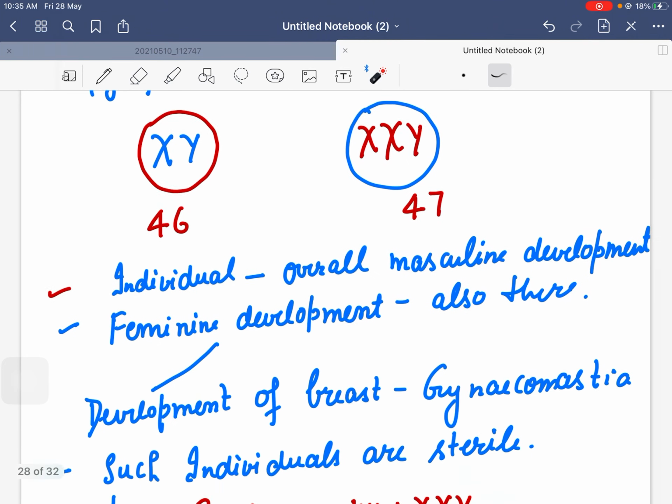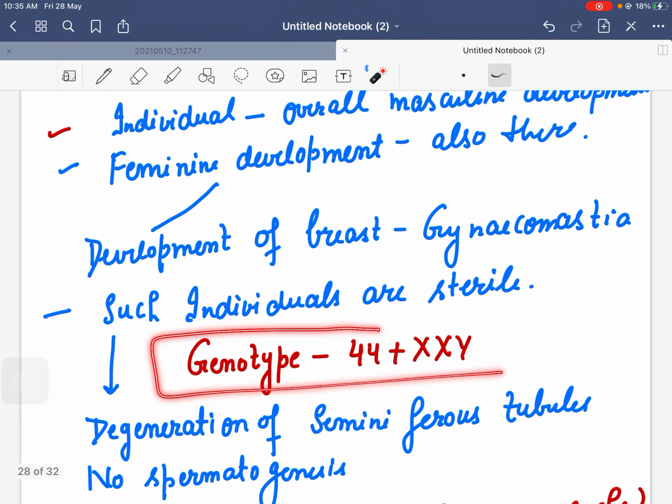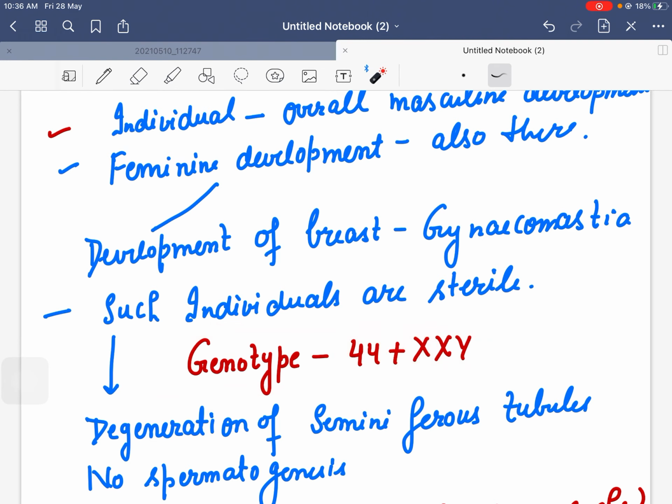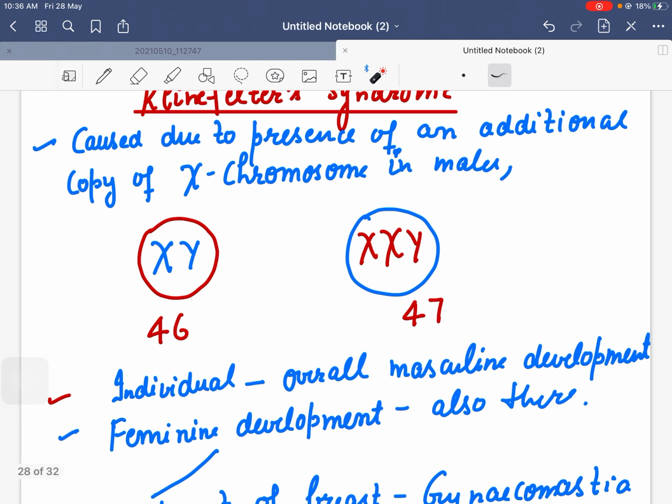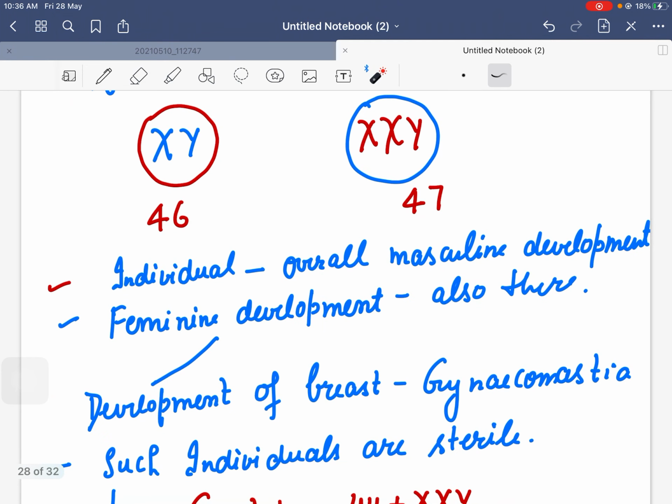The genotype of these persons is 44 autosomes plus XXY, an additional X, and that X is functional. So this gives rise to 47 chromosomes. The individual has masculine development, men-like development, but feminine development is also seen. Feminine development means development of breasts, which is known as gynecomastia.